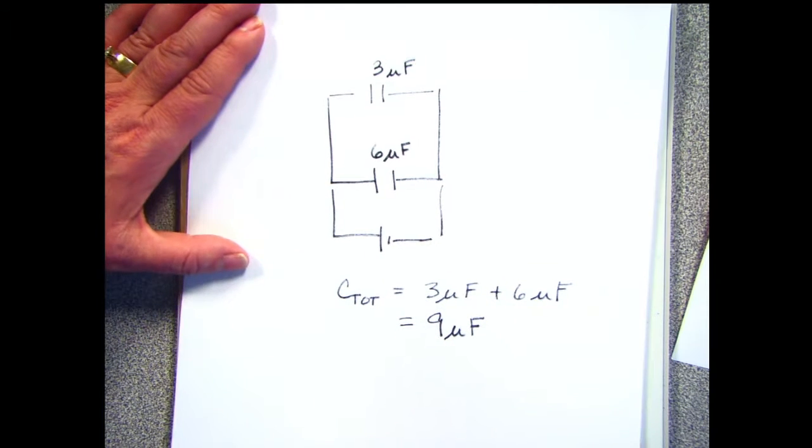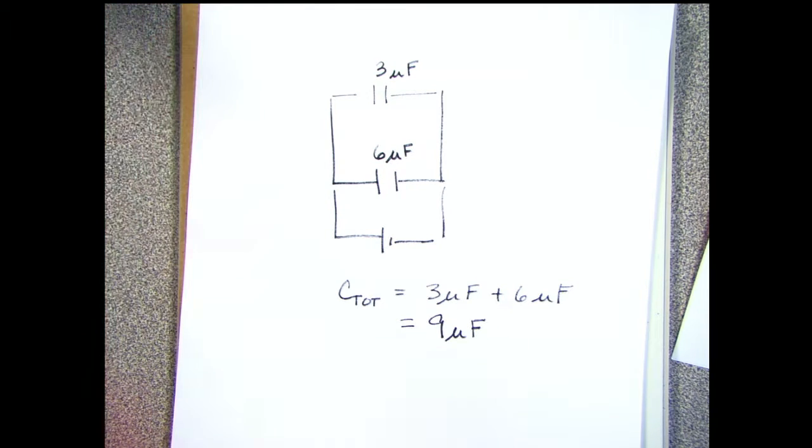Well, things are a little different when I go to put them in series. So now I'm going to set them up like this. They're in series. When I'm in series, the magnitude of the charge must be the same on all the plates.